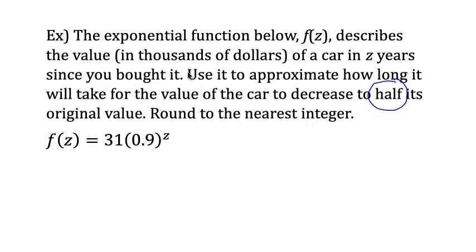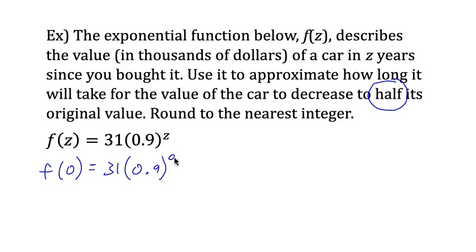All right, now notice what it doesn't tell you in the word problem. It doesn't tell us how much the car was worth in the beginning or when we first bought it. So we can use our function to figure that out. In this case, when we bought the car, z would be 0. So let's figure out f of 0. We're going to plug in 0 for z on the right side.